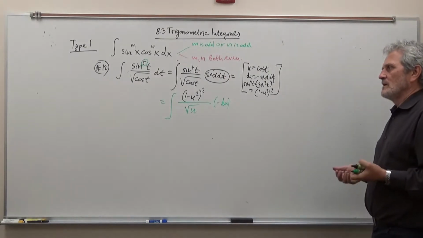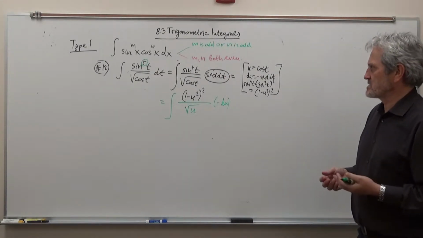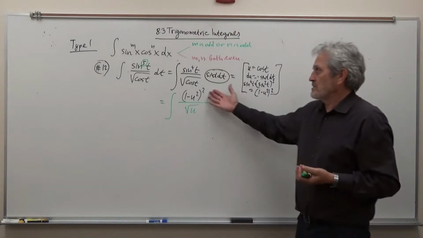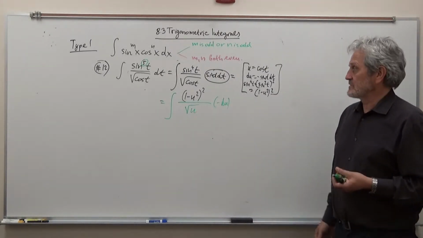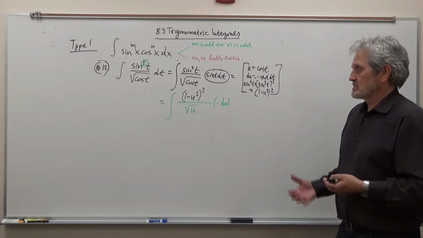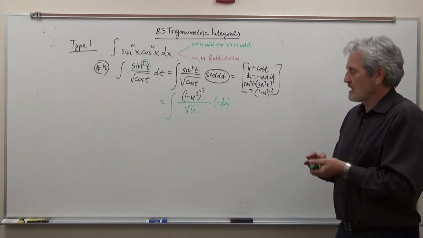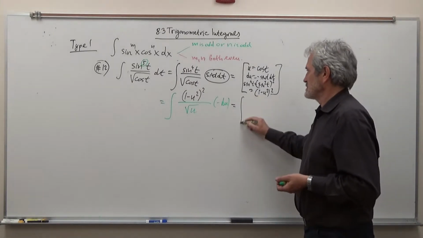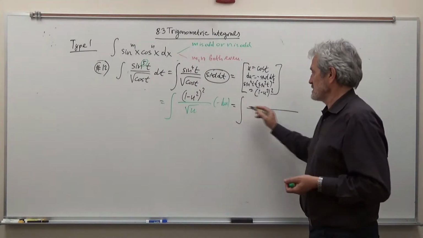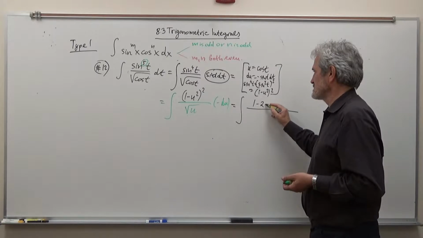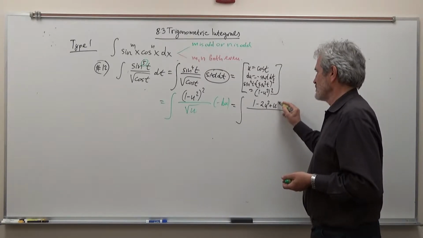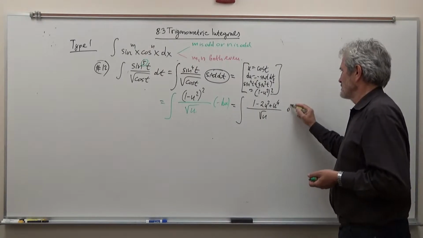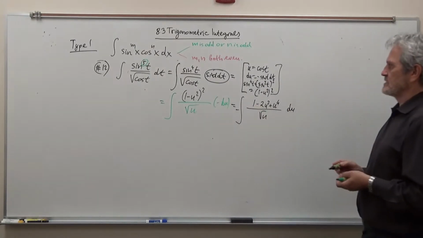And there are no trig expressions here. And I can say, well, how do I solve this? Probably it's fairly easy. If we successfully square this, then we can just do the splitting. Denominator is square root of u, so it should be straightforward if you remember our section 1. So this will be integral. I FOIL this carefully. 1 minus 2u squared plus u to the 4th over square root of u du, minus its integral.